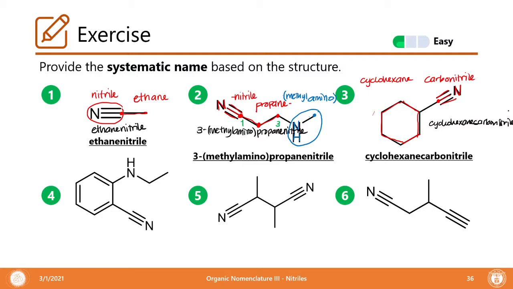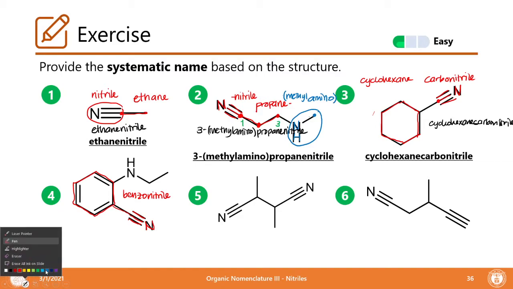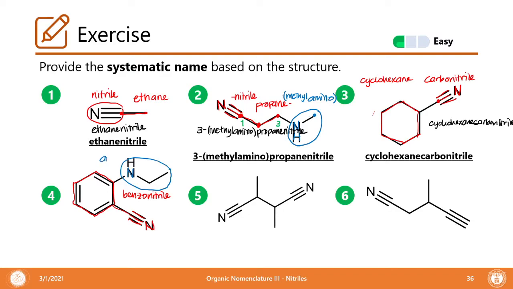Okay, now for number 4. Okay, so here we have a nitrile directly connected to a benzene ring, and so we have a special name for that. We call it benzonitrile. Okay, and our substituent, we have an amino group here, so amino, and then connected to that we have an ethyl group, so we have ethyl amino, and close in parentheses.